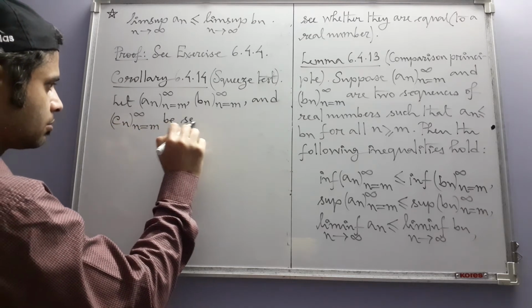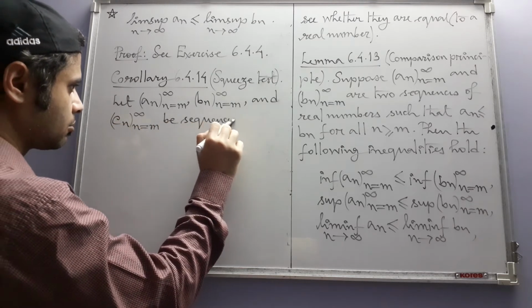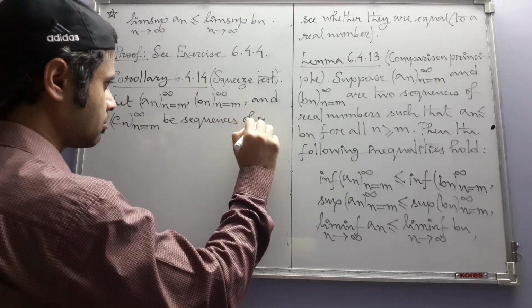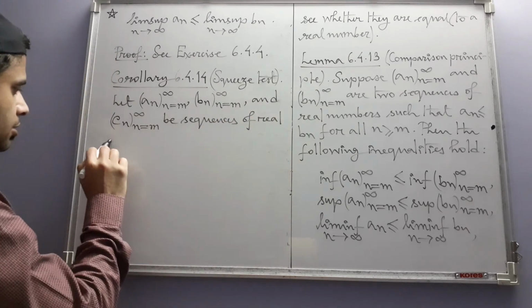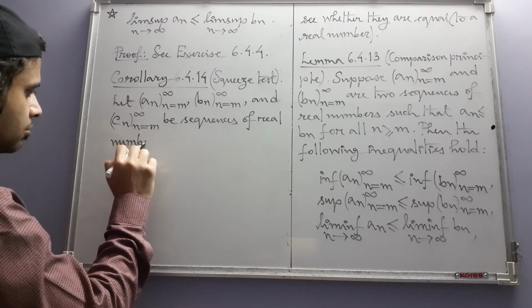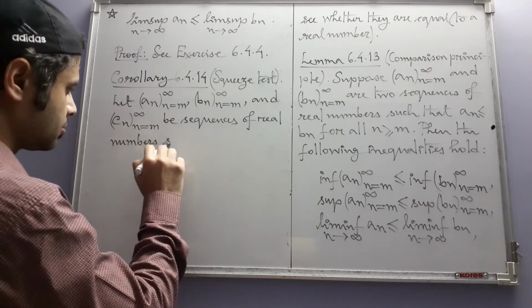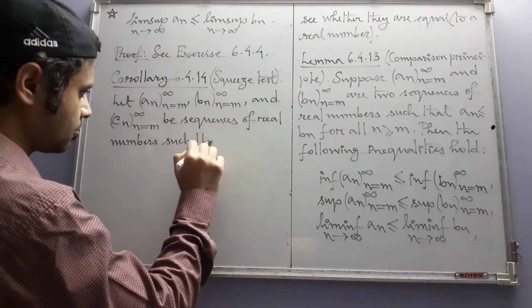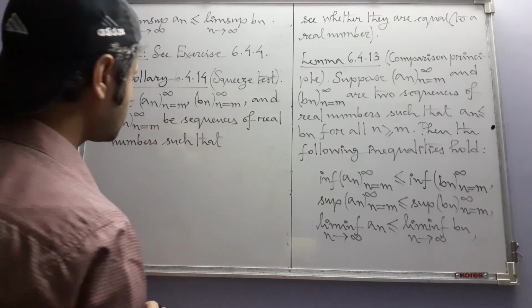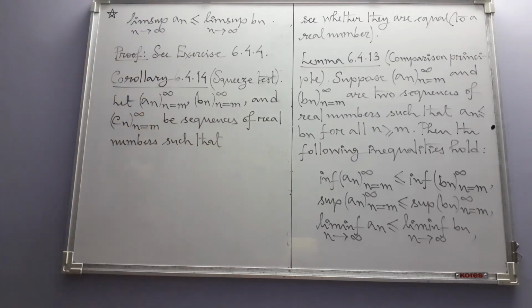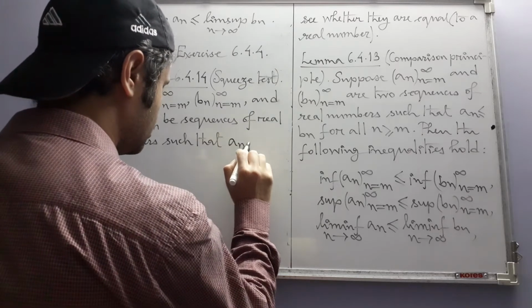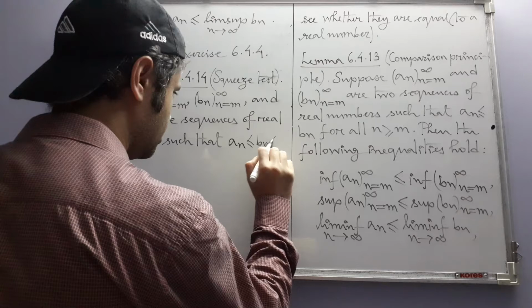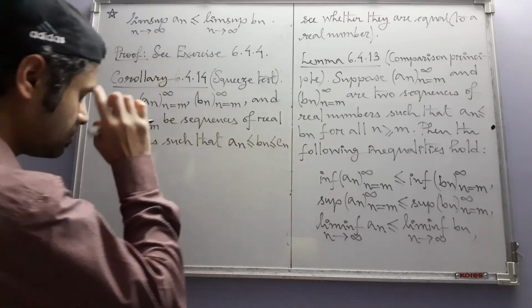be sequences of real numbers such that a_n is less than or equal to b_n and b_n is less than or equal to c_n for all n greater than or equal to N. It does not really matter what is given, but let's write what the author has written.